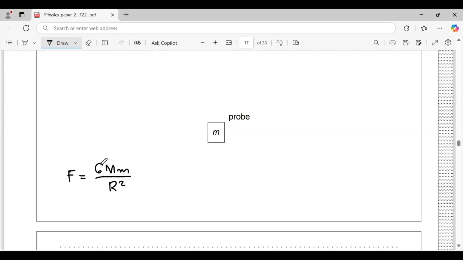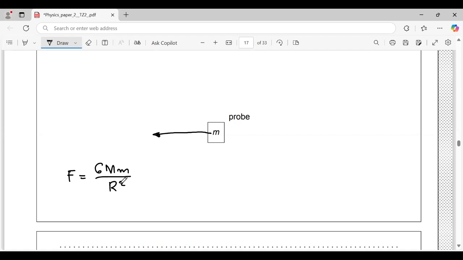So the direction of this force is to the left. This is the formula F, the gravitational force. G is the gravitational constant, M is the mass of the asteroid, m is the mass of the probe, and R is the radius of the asteroid.